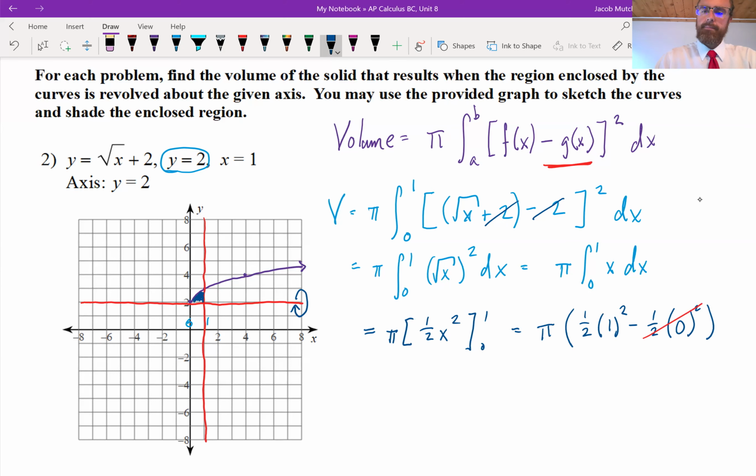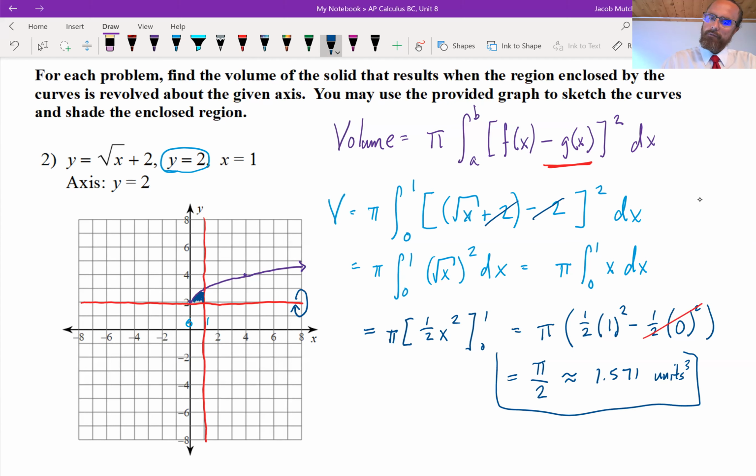And that's going to give me my final answer of pi over 2, which has the approximate value of 1.571 cubic units. I'll put that unit there to indicate we have solved for volume. So our first example is revolved about this shifted axis y equals 2.